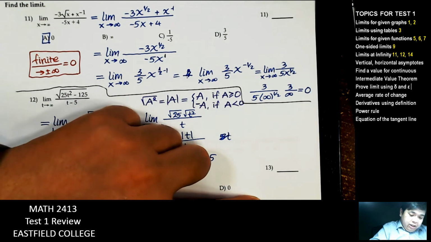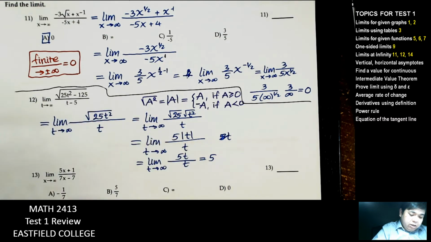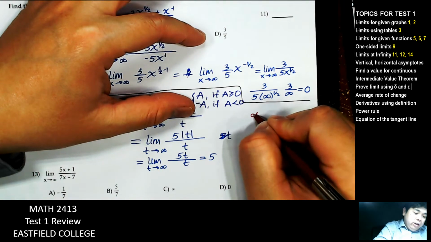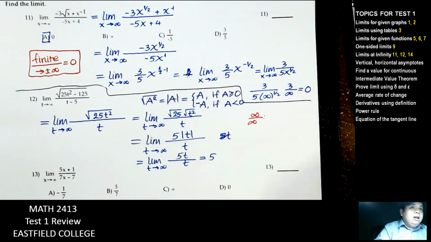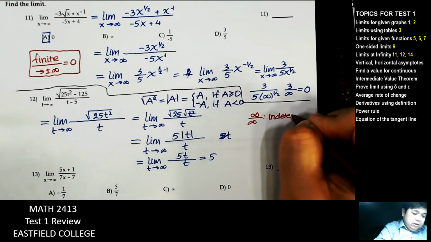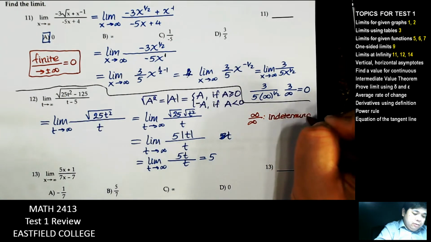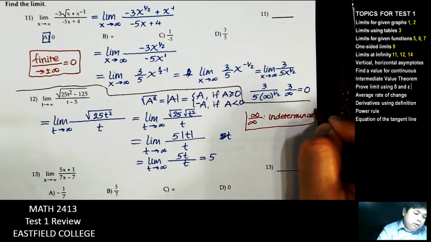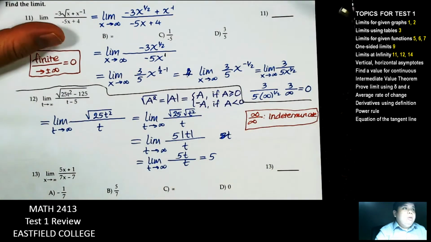Here we have infinity divided by a finite number, in this case 5. It's going to be plus or minus infinity. And infinity over infinity is indeterminate. So we have those scenarios.